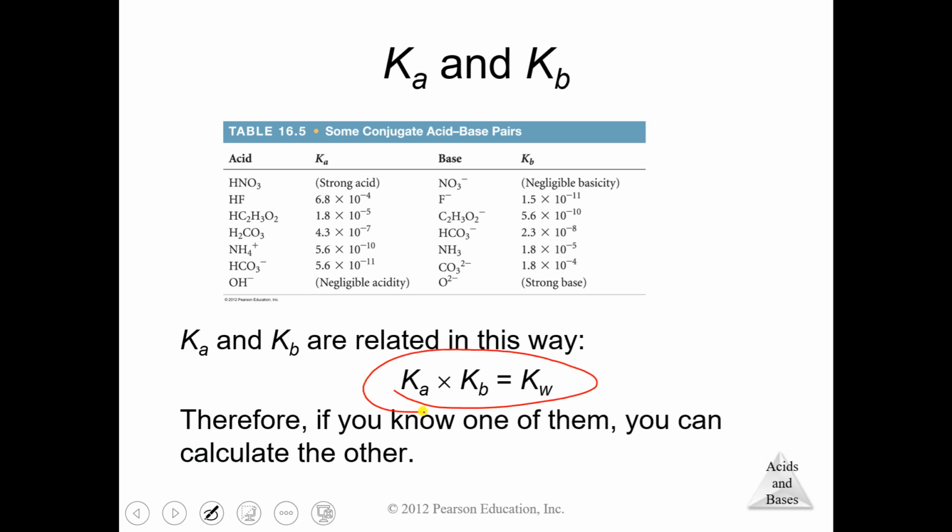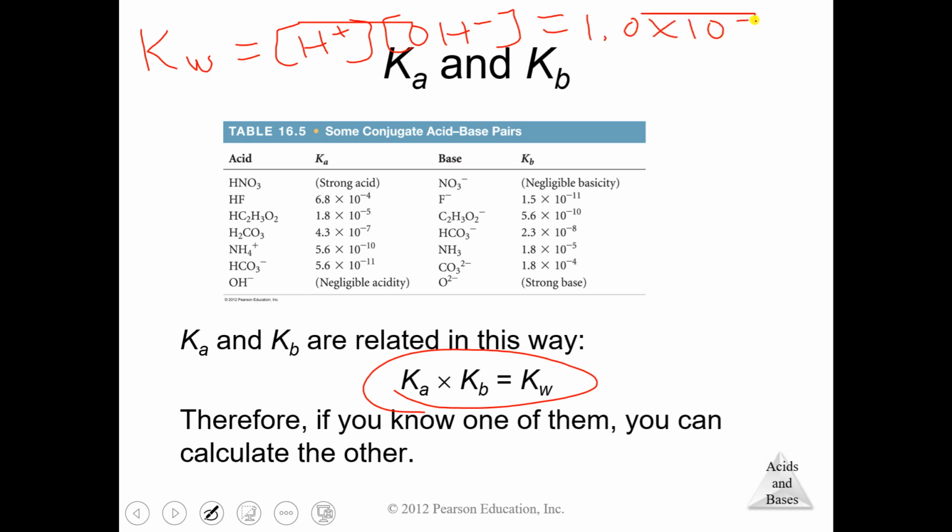You should remember this from lecture last week where we talked about Kw is equal to the hydrogen ion concentration times the hydroxide ion concentration, which is equal to 1.0 times 10 to the minus 14. Ka and Kb can be directly correlated with the autoionization of water.